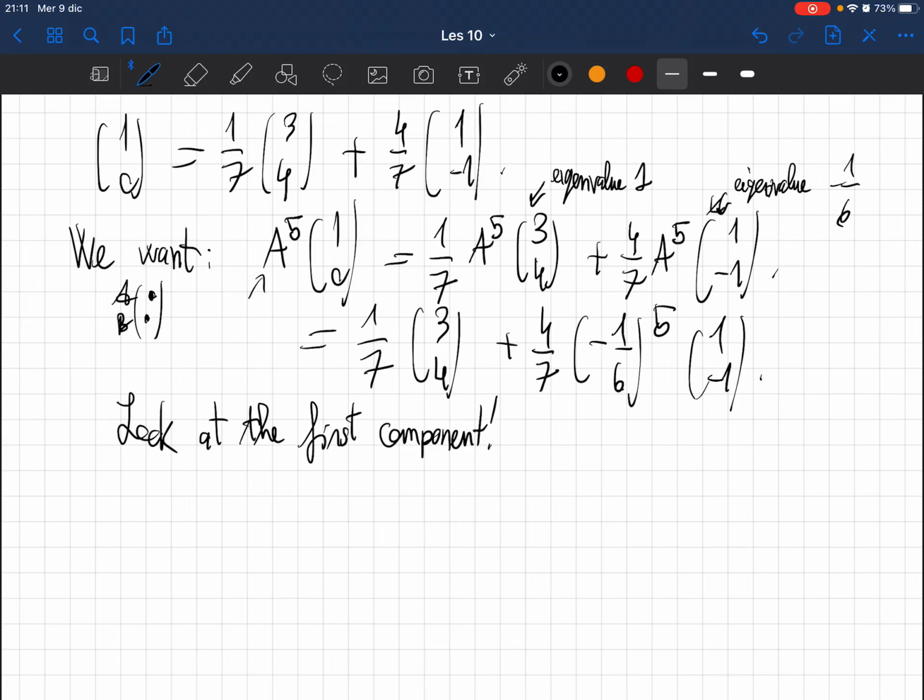Look at the first component. So it's 3 over 7 plus this, so which is actually... sorry, I'm just checking. Yes.